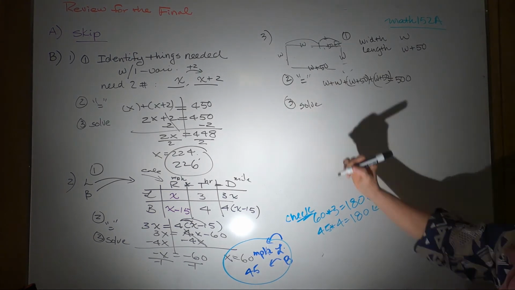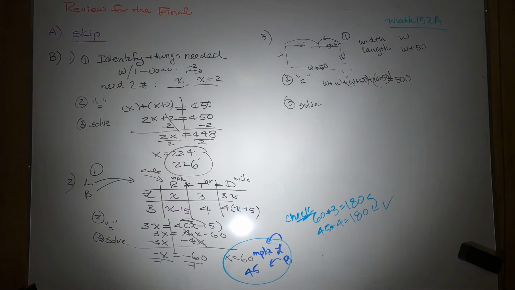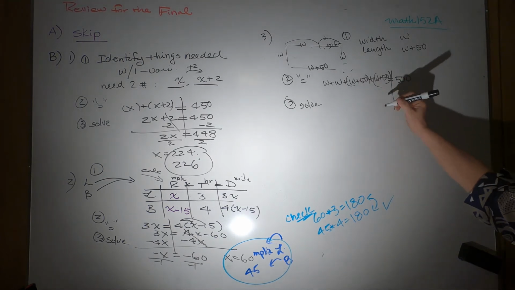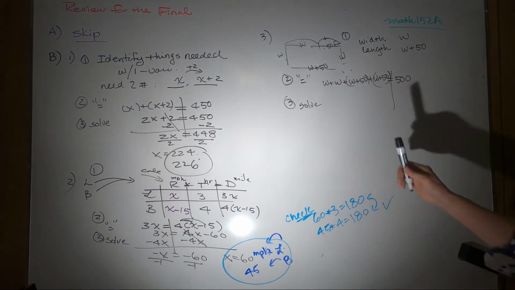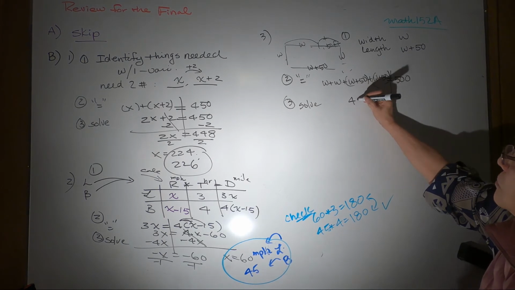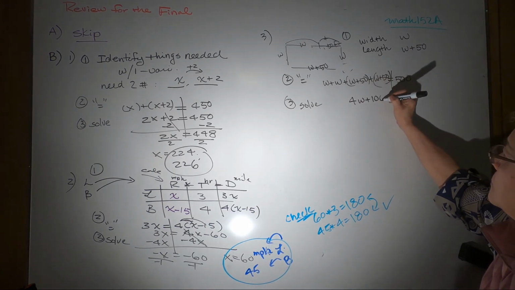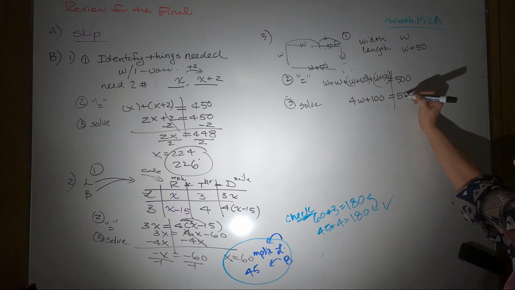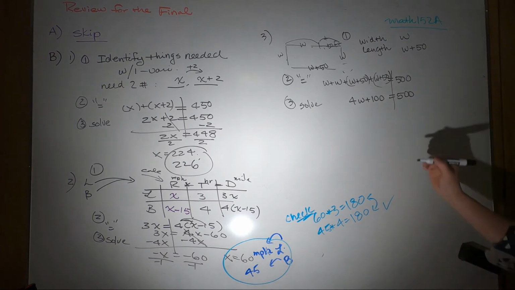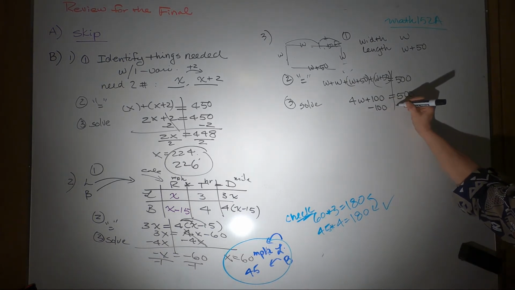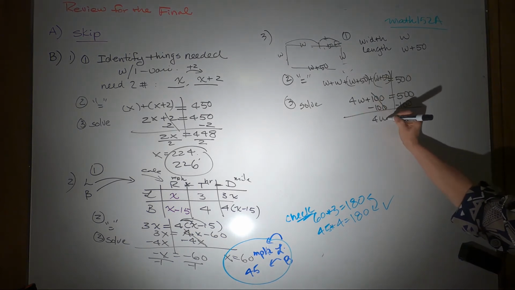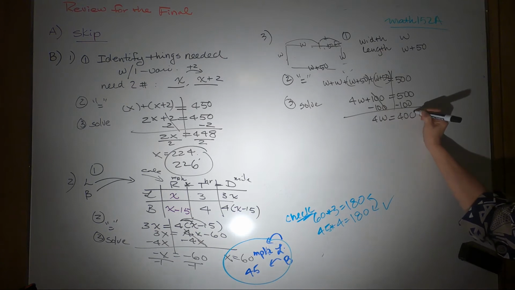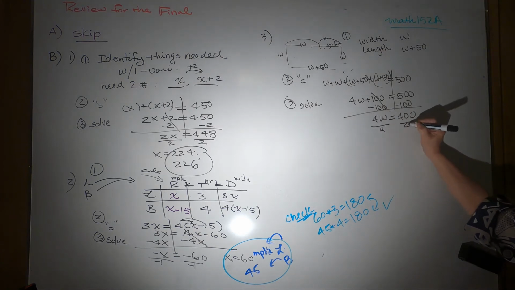Then the third step would be solving that. So we combine like terms. So do we have a linear equation? Combine like terms would be 4W plus 100 equals 500. Then to solve it, minus 100, right? So that would be 4W equals 400, divided by 4.